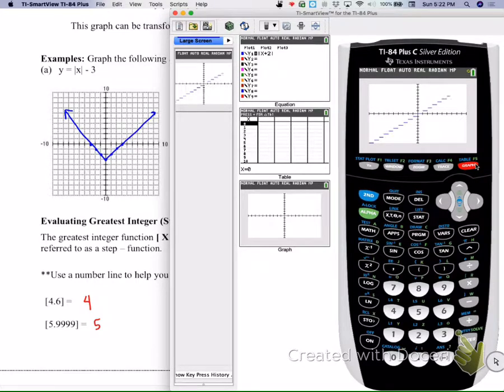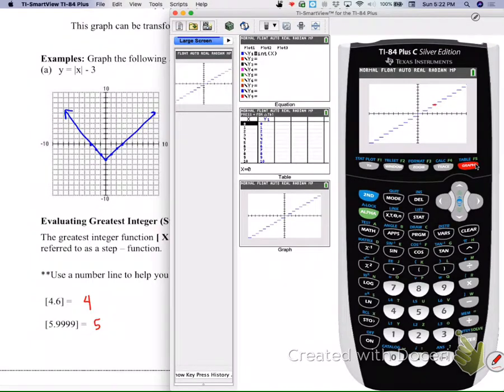Now, some graphs actually connect the steps up and down, but it's just these narrow horizontal lines here. So what this means is, along this line, if I plug any of these decimals in between 3 and 4, this is 3, this is 4, they're all going to give me y values of 3 because I'm always rounding them down.